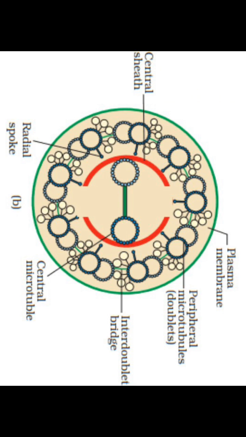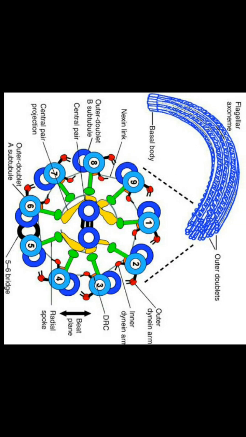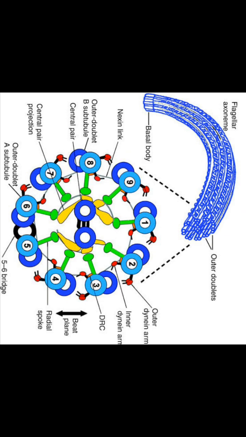Understand? Next, the central sheath is connected to one of the tubules of each peripheral doublet by a radial spoke. You can see the radial spoke here, in light green color. Those are called radial spokes. So from the peripheral doublet, from one of the microtubules, one connector is emerging towards the center region, towards the core region, called the radial spoke.